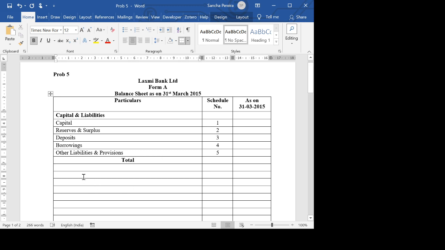Okay, you can write the format and then you can transfer the figures. So the first thing under assets we have is cash and balances with Reserve Bank of India.